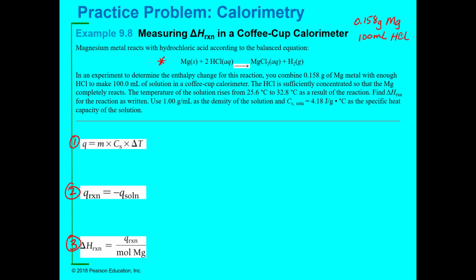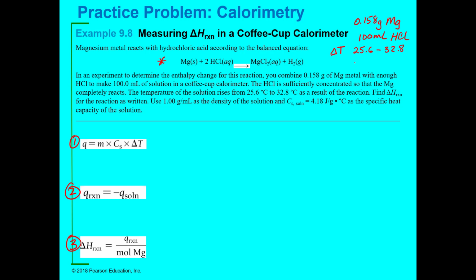It is in this coffee cup calorimeter, and it doesn't matter what the concentration of the acid is as long as it's strong enough to cause the reaction to occur. So we're not quantitatively worried about the HCl, okay? When we do this, the temperature rises from 25.6 to 32.8.